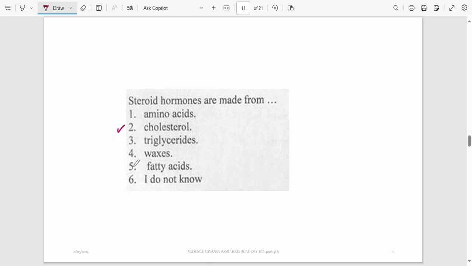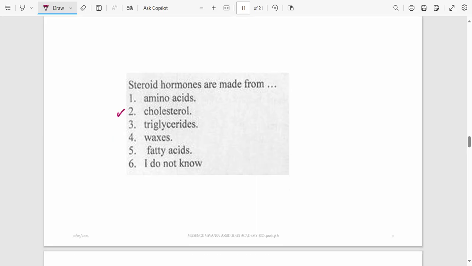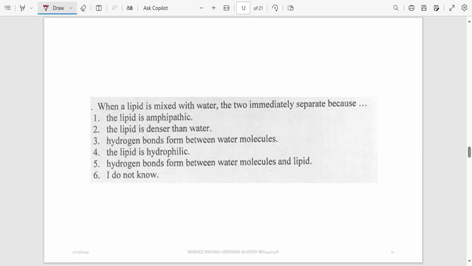Anastasia, your hand is up. Anyone else with a different answer or anyone to agree if cholesterol is going to be the answer here? Okay. No one wants to speak.